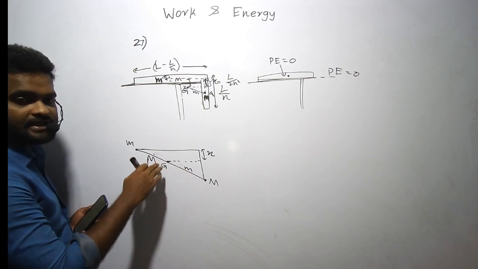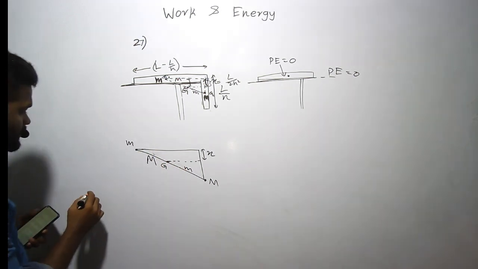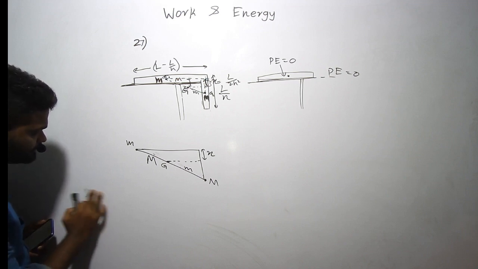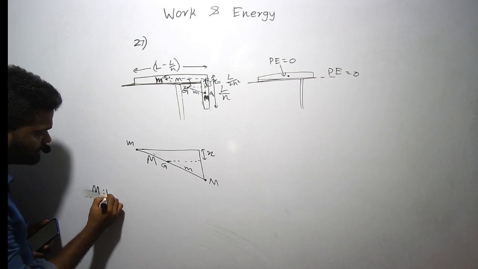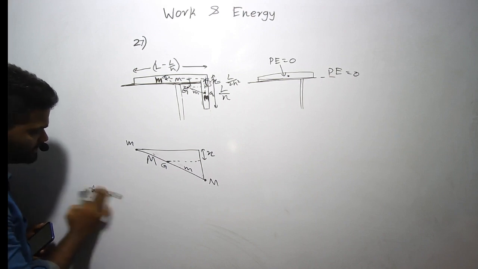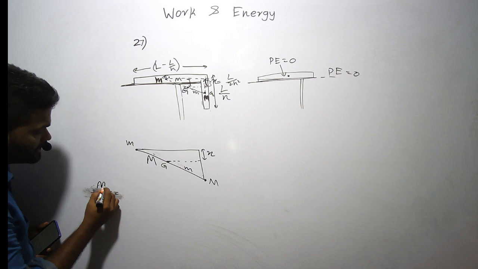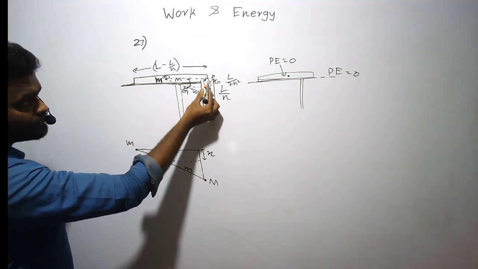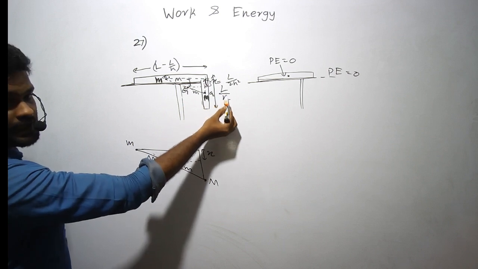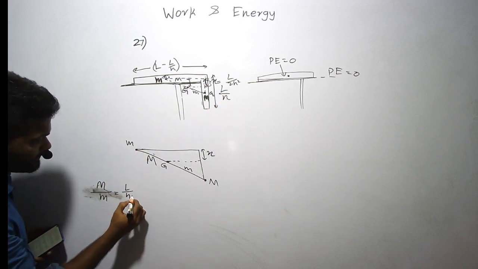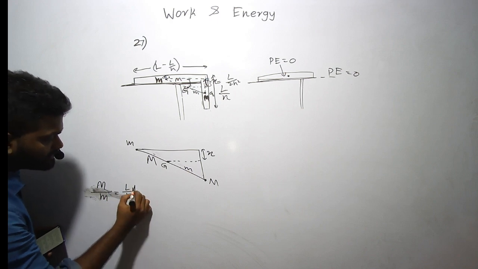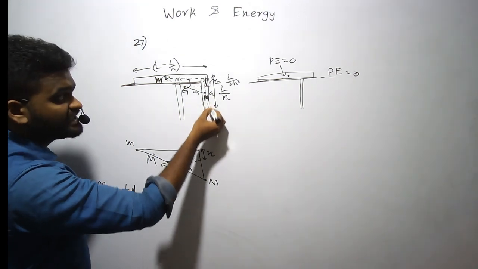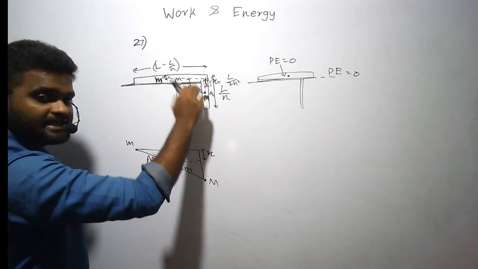So this ratio, I'll simplify first: capital M divided by simple M. What is capital M? This hanging part is capital M. The length of that hanging part is L over N. Multiply that by the cross section to get the volume, then multiply by the density.